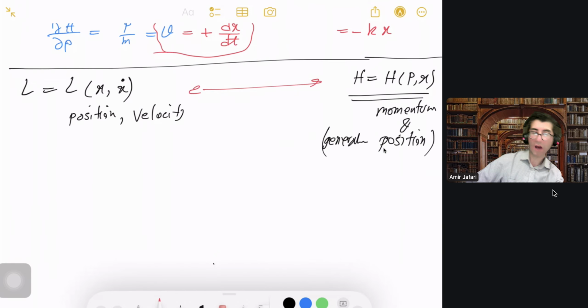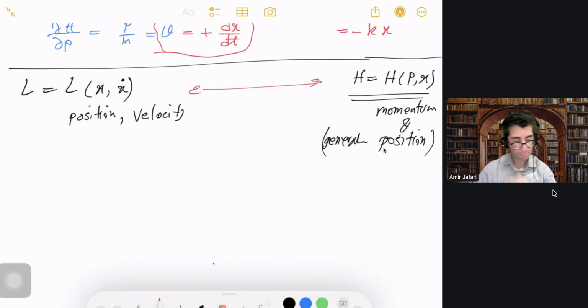How are these two related? Again, we are not here talking about classical mechanics. I'm assuming you are familiar with this. You know that Lagrangian formalism is related to Hamiltonian formalism in classical mechanics, and they are Lagrange transforms of each other. So if you know H, you can get L and vice versa.